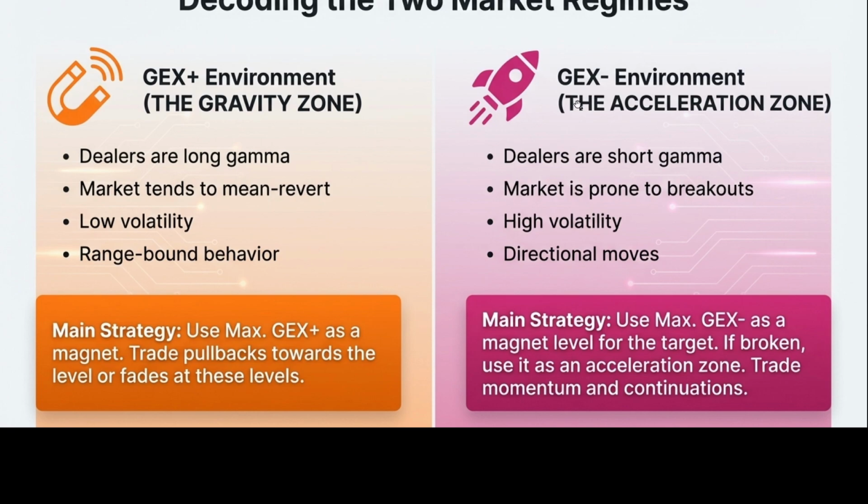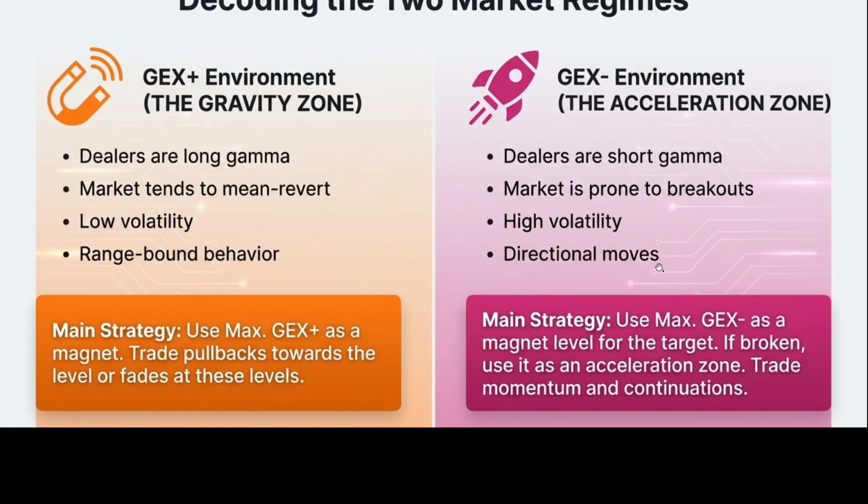In the negative gamma levels, or the negative GEX environment, in the acceleration zone, dealers are short gamma. The market is prone to breakout. There is high volatility and big directional moves.